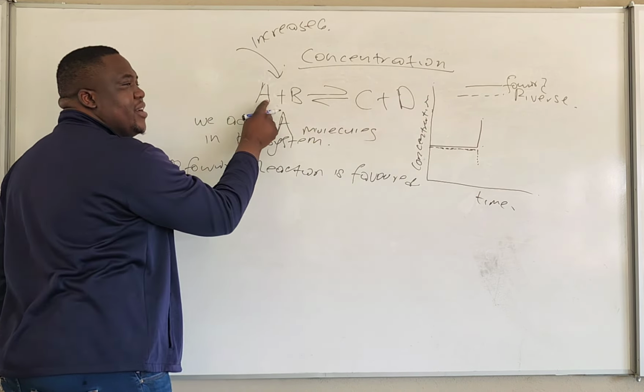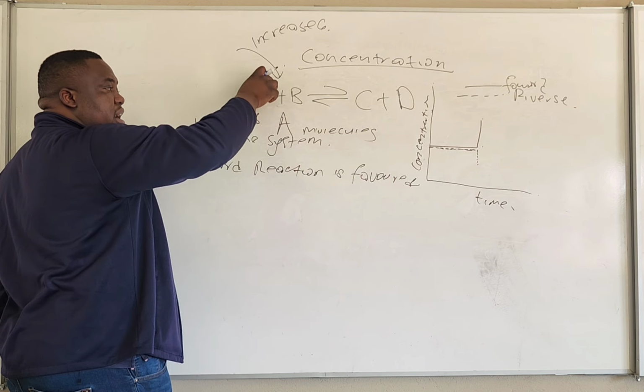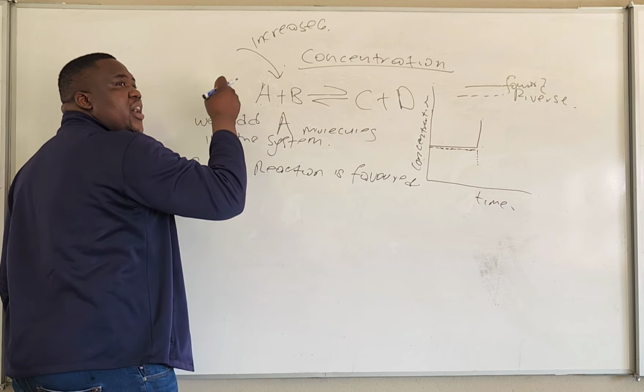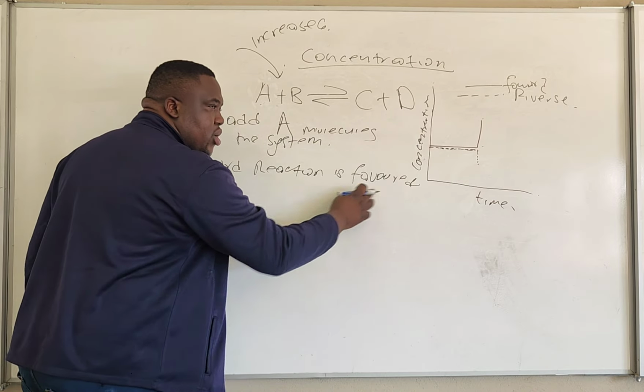Why are we favoring the forward direction? It's because we increased A molecules. Since we increased A, we need to decrease A for this reaction to return to equilibrium. So the forward direction is going to be favored.